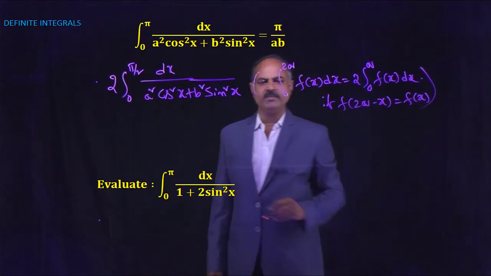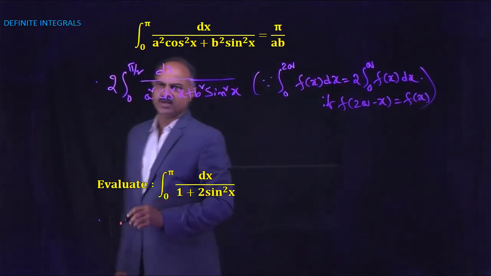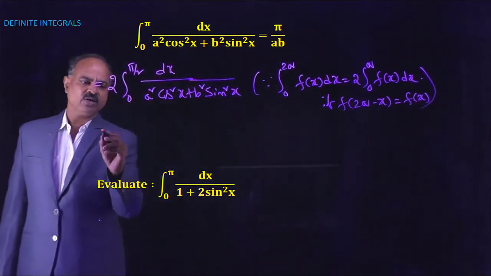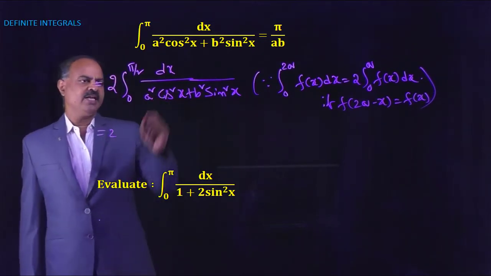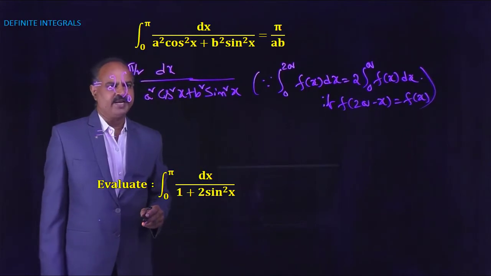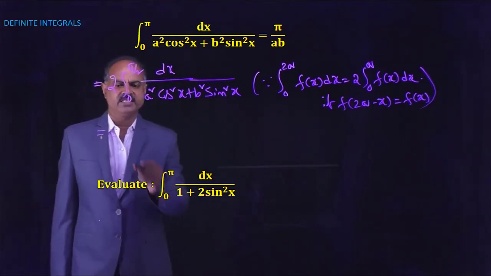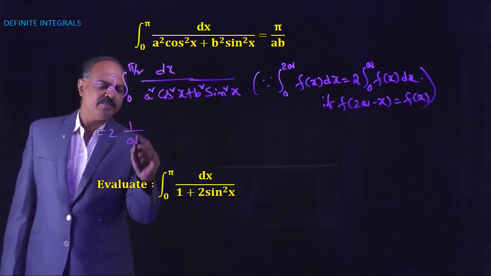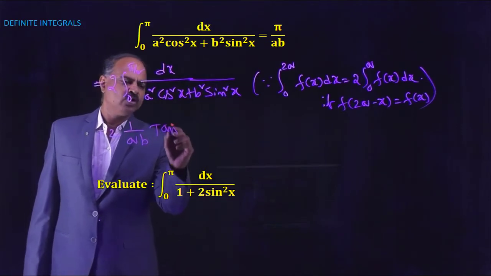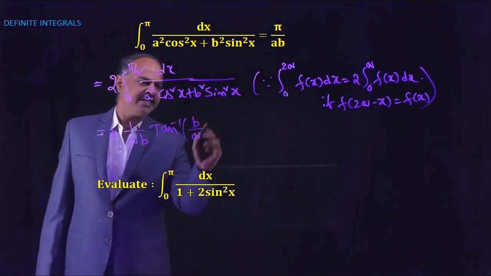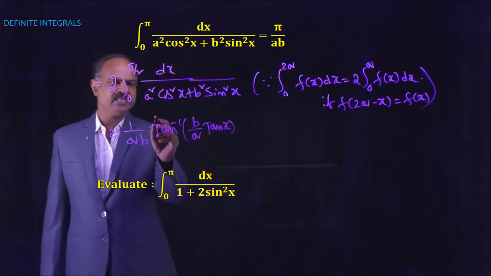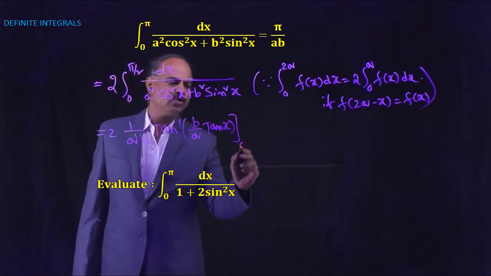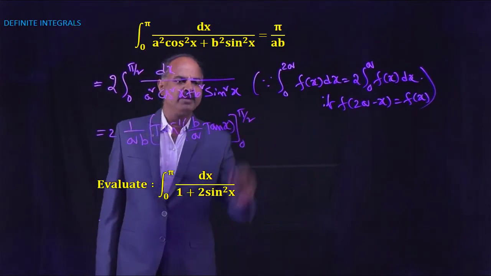Now here this is equal to 2 into integral dx by a square cos square x plus b square sin square x equal to 1 by ab into tan inverse of (b by a tan x), with limits 0 to pi by 2.